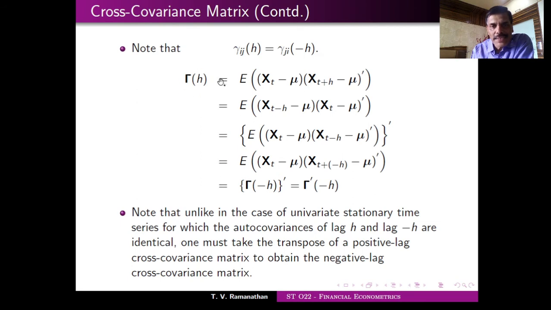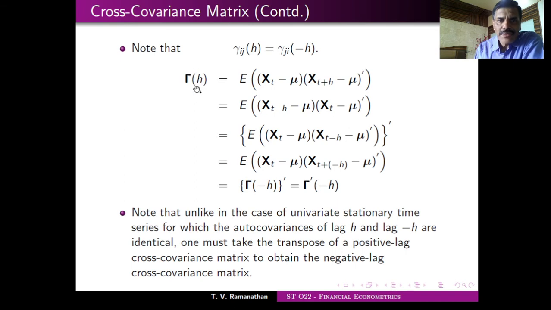Because this is a covariance matrix, with a little computation you can see that gamma(h) is equal to gamma(minus h) prime, because it is a matrix. So how do you prove that? Gamma(h), by definition, is this, with x_t plus h. Well, some people take t and t minus h. I am consistent with t and t plus h, so I am using this notation. So you have this definition for gamma(h), and now because of stationarity, I am assuming stationarity.